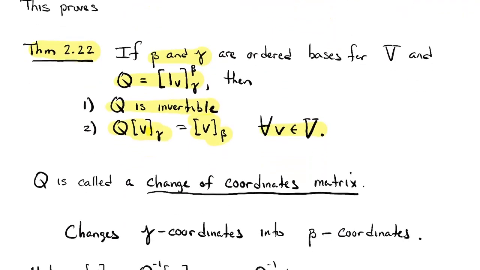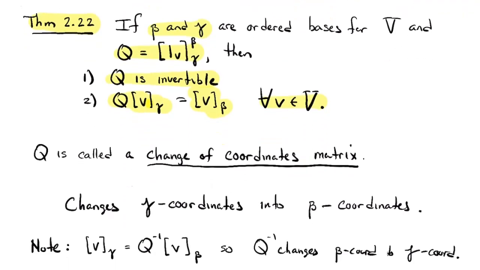So for that reason, we're going to call Q a change of coordinates matrix. In particular, if you want to give the direction, left multiplying by Q changes coordinates from gamma to beta. The recipe for Q was given. Left multiplying by it takes a coordinate vector in the gamma basis and produces a coordinate vector in the beta basis. So we're going to say that it's the change of coordinate matrix from gamma to beta.